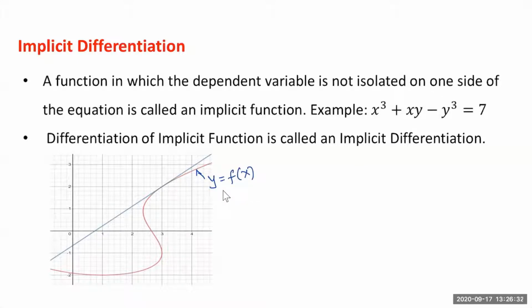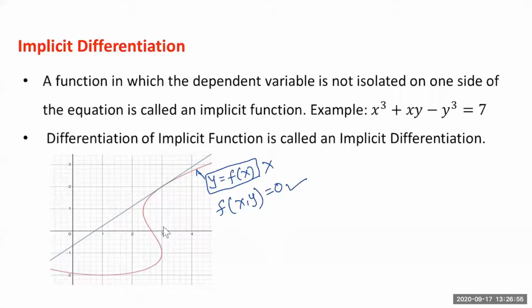But no, we cannot separate y in this function. We cannot write it like this. Instead, for a function like this one, we write f of x and y is equal to 0. So this is the implicit function. This is the correct function for the graph which is shown here.